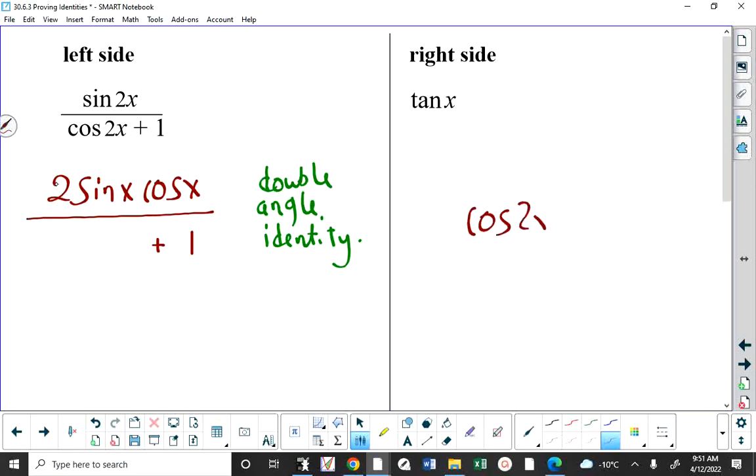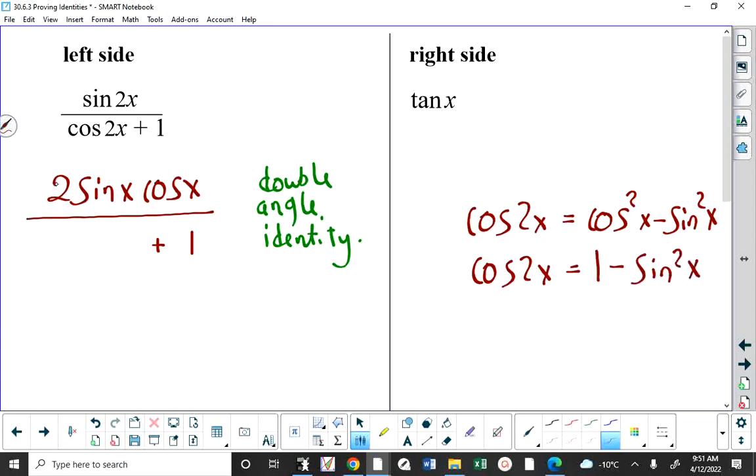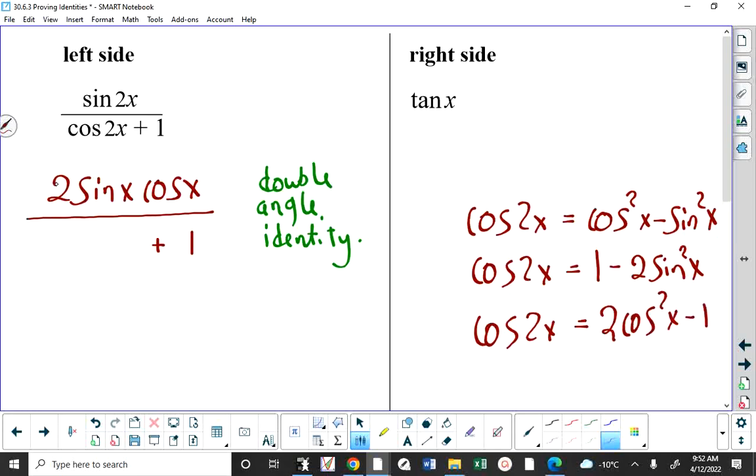Cosine of 2x is cosine squared of x minus sine squared of x. That's a fact. Cosine of 2x is 1 minus sine squared of x. No, it isn't. It's 1 minus 2 sine squared of x. And cos of 2x, another fact, is equal to 2 cos squared of x minus 1. Did I get them right?